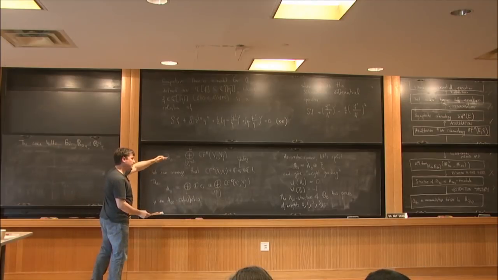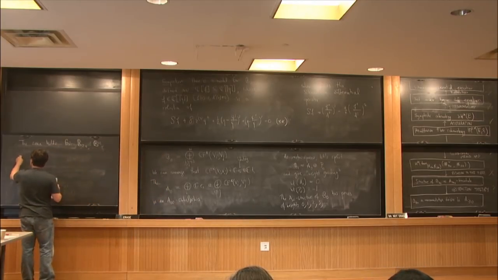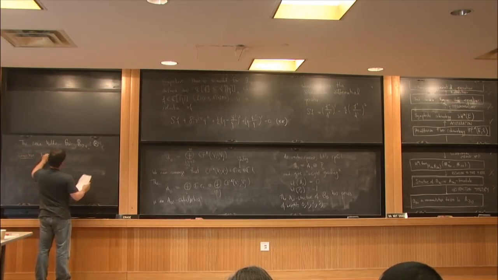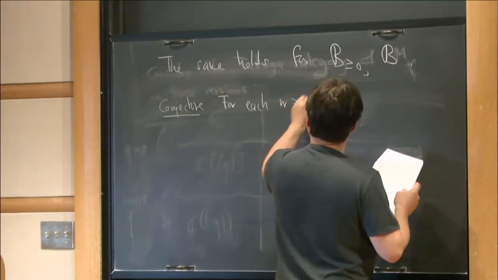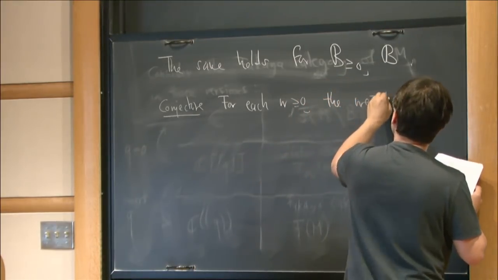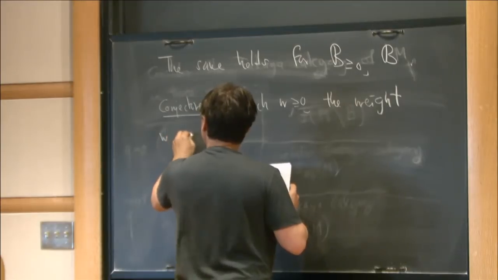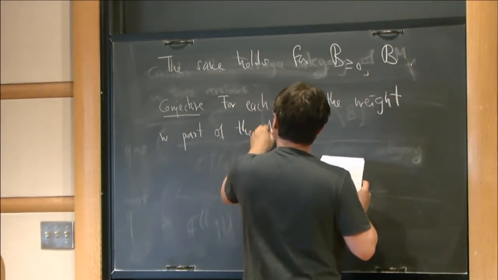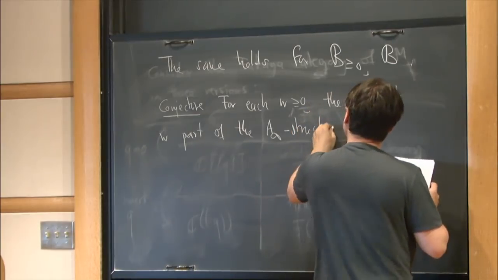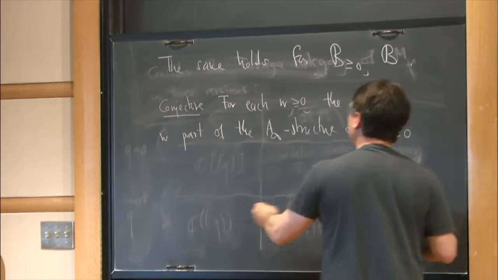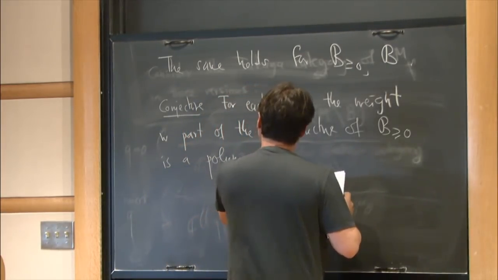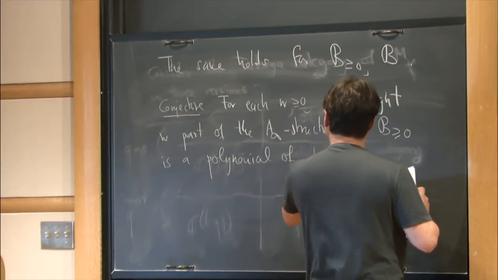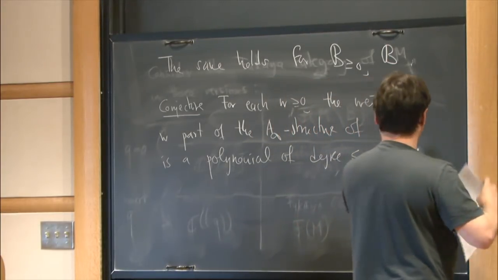So they all have this kind of weight filtration structure, and then the conjecture is that, for each W greater equal to 0, the weight W part of the A infinity structure of this one here is a polynomial of degree less or equal W in this function f.